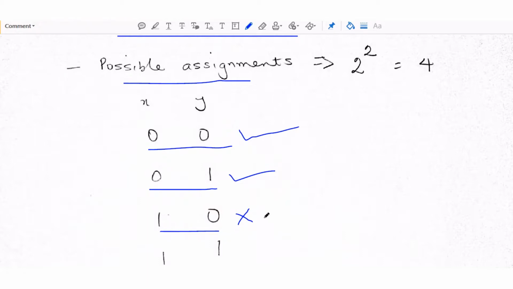And because this assignment does not satisfy the expression, it means that the expression is not valid, because we have found a particular assignment of the variables that does not evaluate the expression to true.